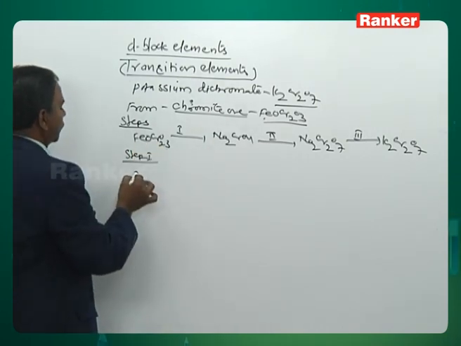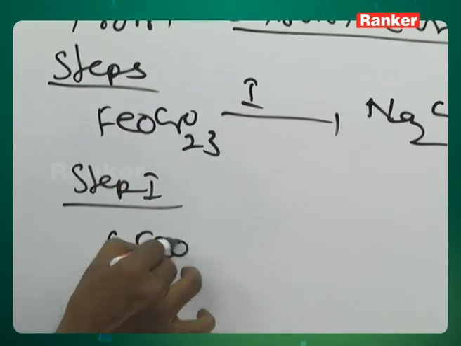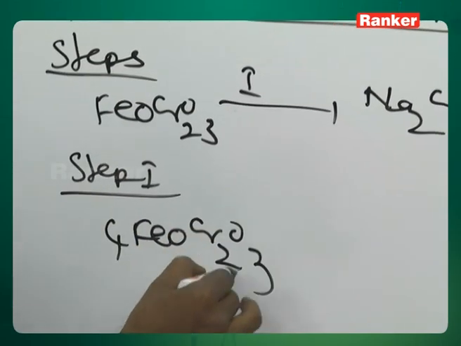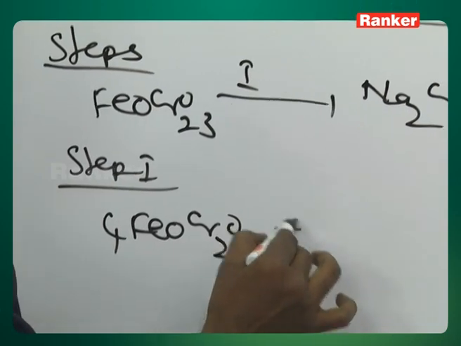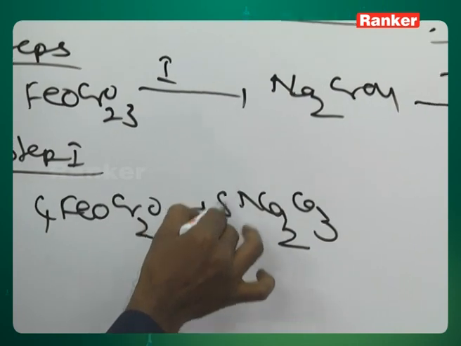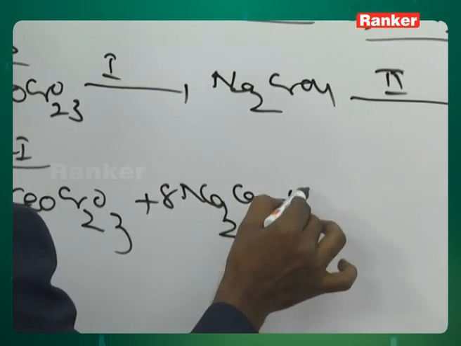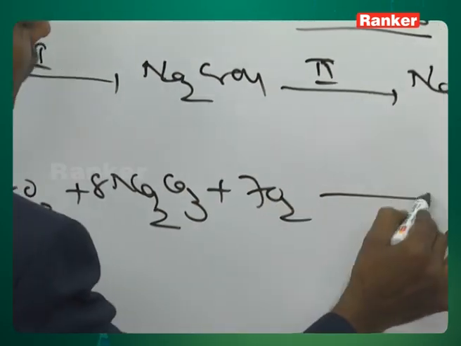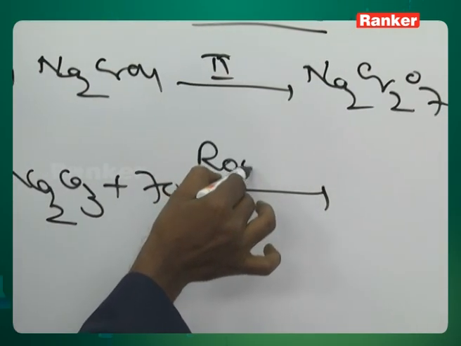For FeO.Cr2O3, this is fused with sodium carbonate in presence of oxygen, roasted in air.